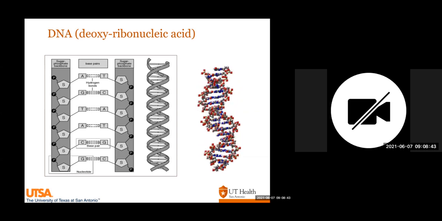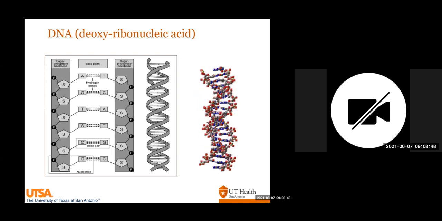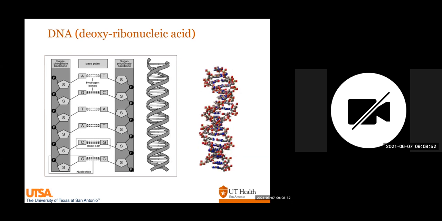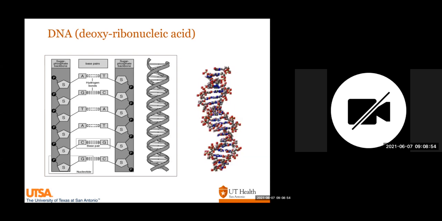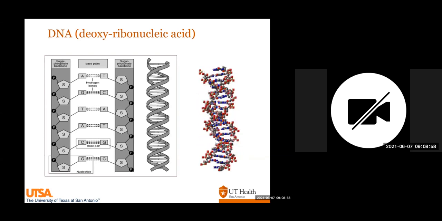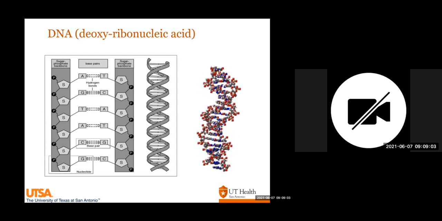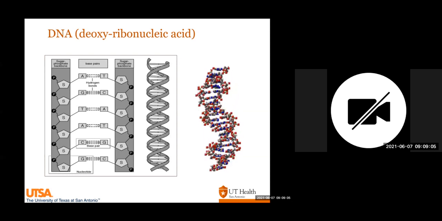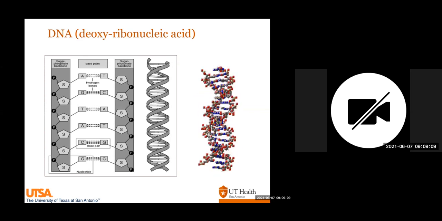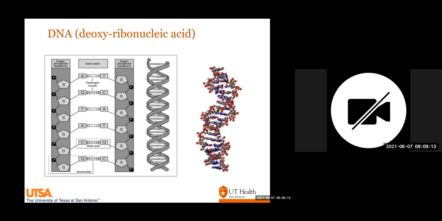First of all, in humans we have 3 billion letters. So DNA is a very, very long chain of many of these nucleotides. However, not every part of the DNA is considered as storing genetic information. Only portions of the DNA store the so-called genetic information.